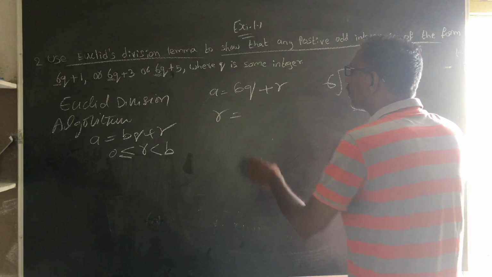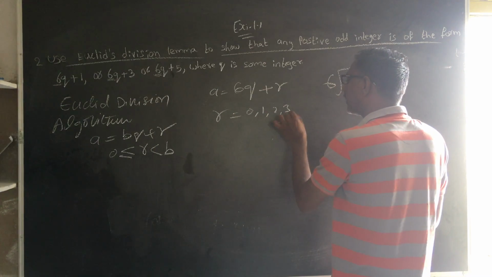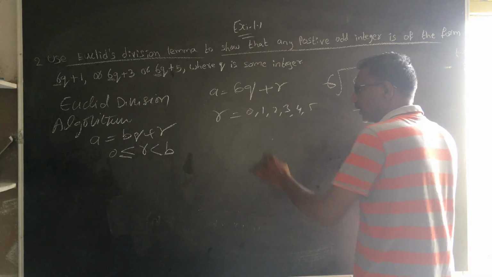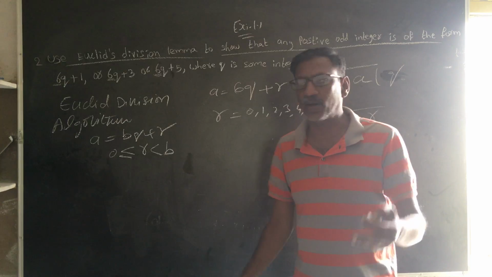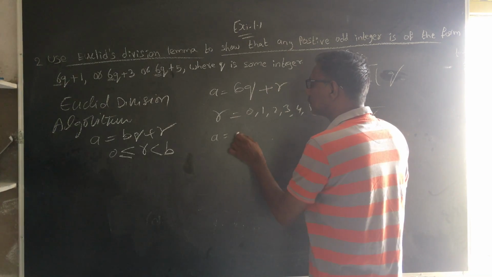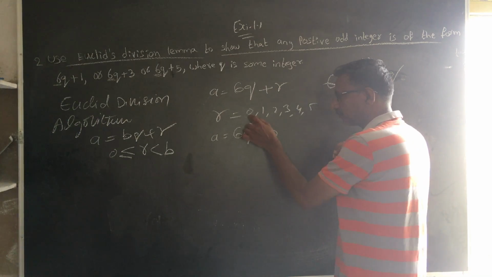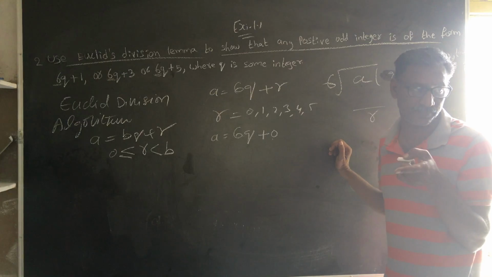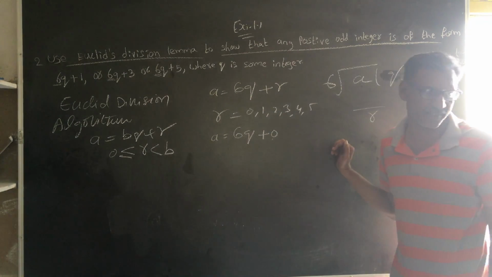So can I write down all possible remainders? 0, 1, 2, 3, 4 and 5. According to these remainders, I will write the positive integer: a is equal to 6q plus 0, the first remainder. It may be my positive integer in the form of like this.